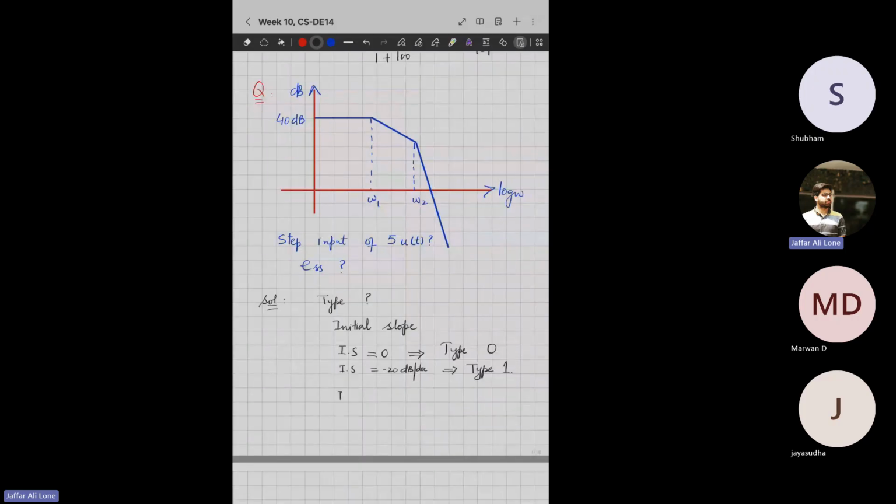So if your initial slope is equal to minus 40 dB per decade, then your type is 2.